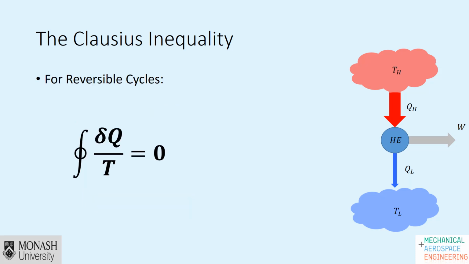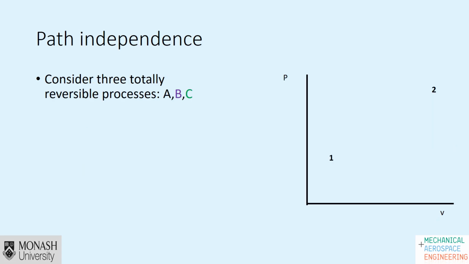And so remember, a totally reversible cycle is a cycle that is made up entirely of totally reversible processes. And if that's true, then the cyclic integral of the heat transfer divided by the temperature of the fluid will be equal to 0.